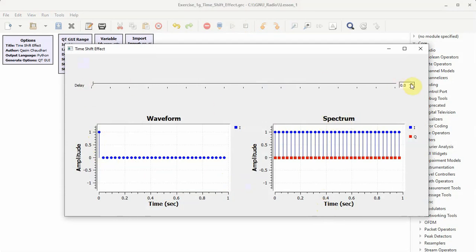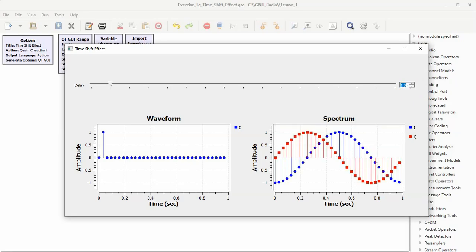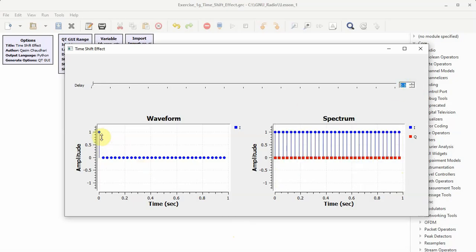Let us delay this signal by one sample. And this is the interesting part. A delay of one sample implies that the unit impulse, which was at time 0, is now appearing at time 1. What has happened in the spectrum is that the spectrum is not much different because a unit impulse is also a complex sinusoid with the frequency of 0.